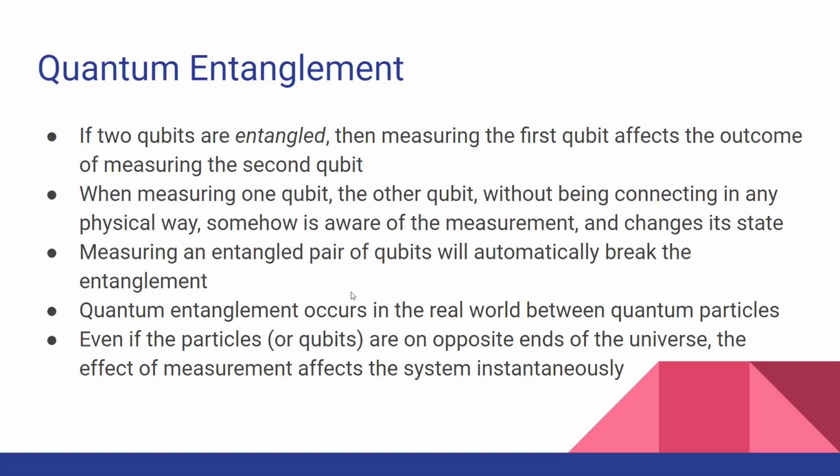And yet we've actually proven in experiments that quantum entanglement is a real phenomenon, and it happens somehow faster than the speed of light. Now, we don't know whether it's instantaneous or if maybe it's just faster, but we know for a fact it seems to violate this law. Now, the problem is it may not be the right way to say it because we really don't know how quantum entanglement works.